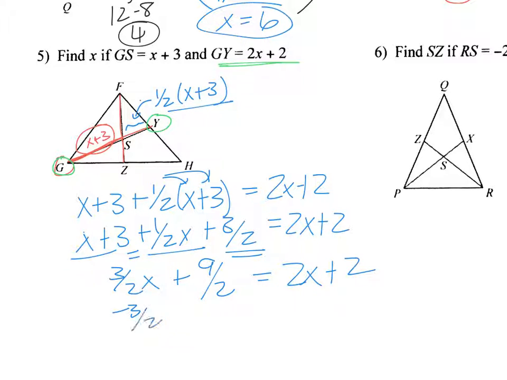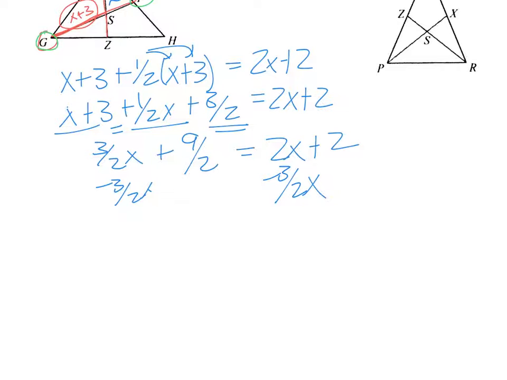Subtract 3/2 x. Again, use your calculator here to help you work these out. So then those cancel, so I've got 9/2 equals 1/2 x plus 2.